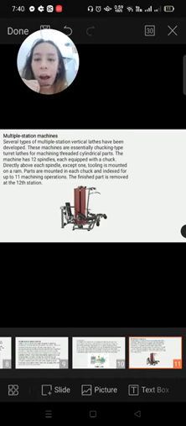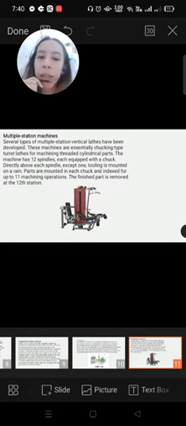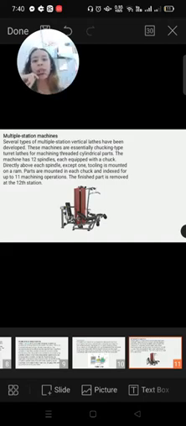Directly above each spindle, except one, tooling is mounted on a ram. Parts are mounted in each chuck and indexed for up to 11 machining operations. The finished part is removed at the 12th station. So this is the multiple station machine.